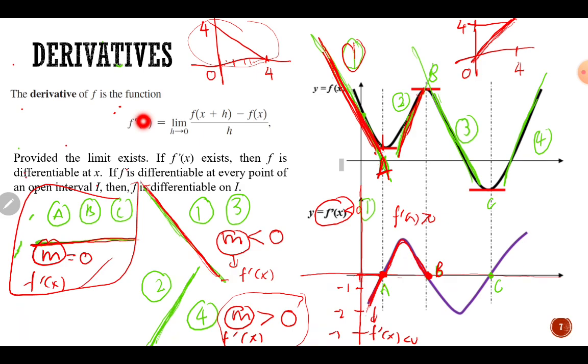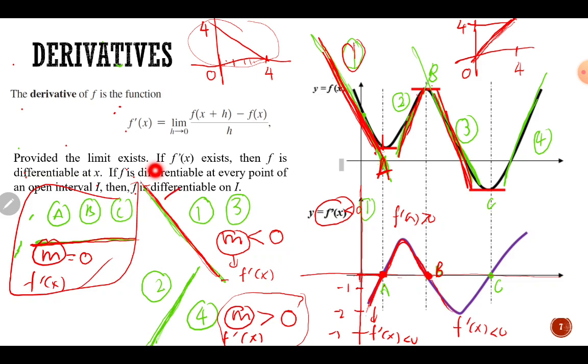And then as you can see, antara B dengan C ni, dia menurun kan? Dia menurun. So when it cross the x axis, dia tak naik-naik balik lah. Dia terus turun ke bawah, because from antara region B and C ni, dia punya slope of the tangent line, our f prime x is less than 0. Berada di bawah x axis.